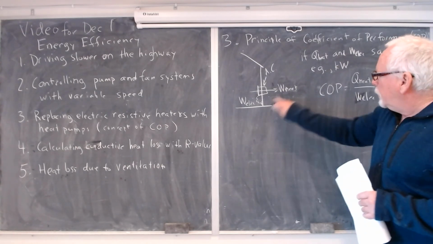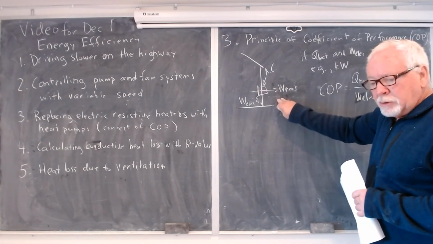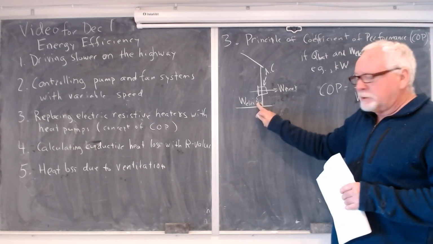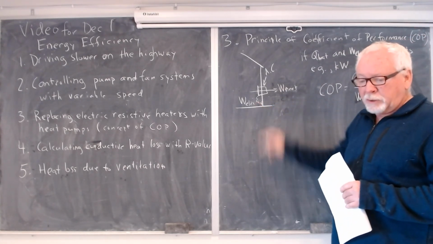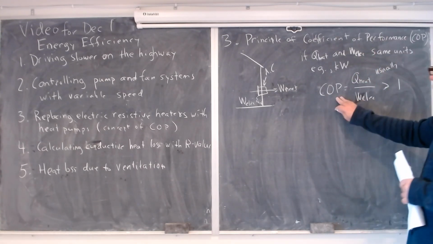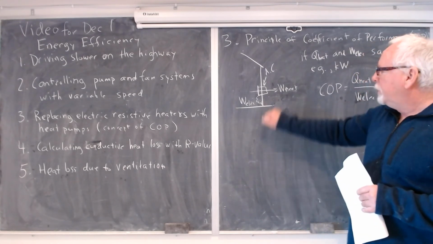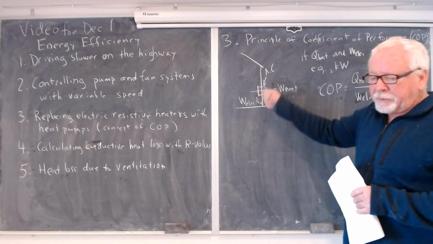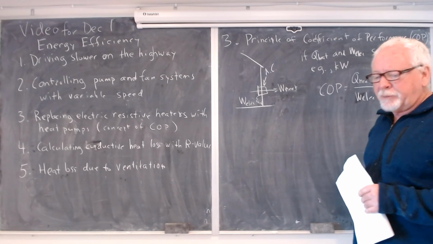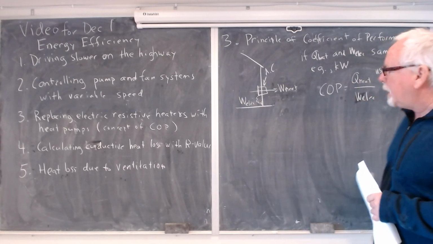If I have to pump 3 kilowatts of heat out of my room, a typical air conditioner will require only 1 kilowatt of electricity. And so my COP, it's the right way to think about it. You have a valve here or something like that that requires a certain amount of power to operate, and you're pumping heat out with the system.